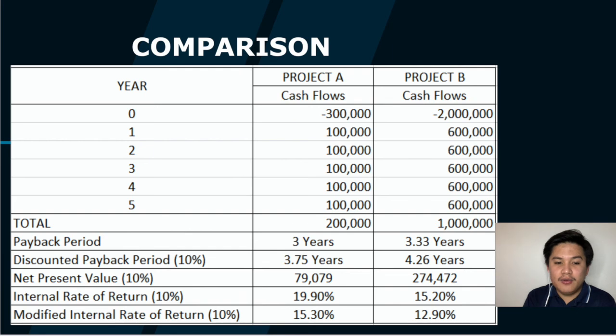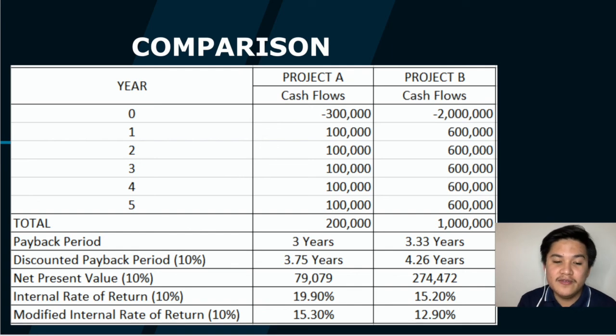So both projects have a high internal rate of return, while project A has the highest. So if only one capital project is accepted, it's project A. Alternatively, the company may accept projects based on a threshold rate of return. This may involve accepting both or neither of the projects, depending on the size of the threshold rate of return.